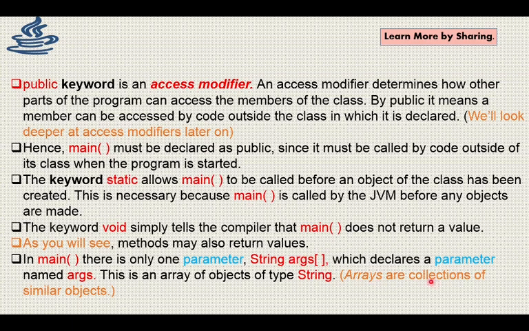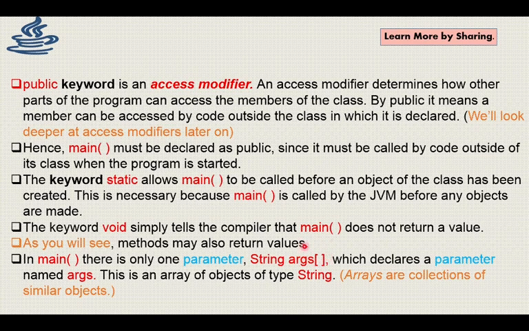An array is a collection of similar objects. So we can have an array of integers, integer numbers, because they are similar objects. So in this case, we are saying this method contains the parameter which is of string type.